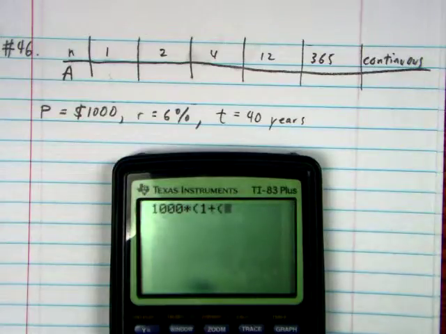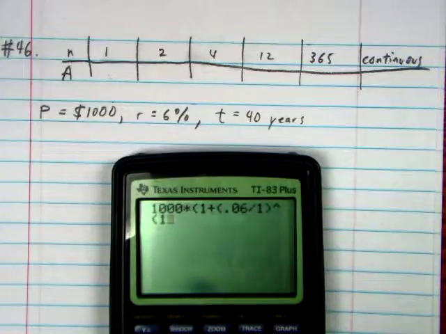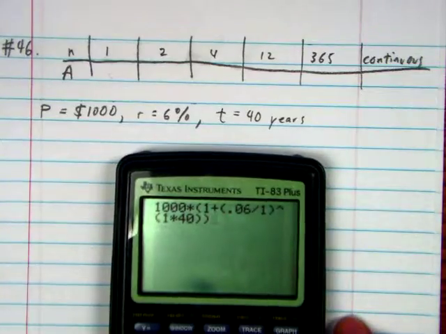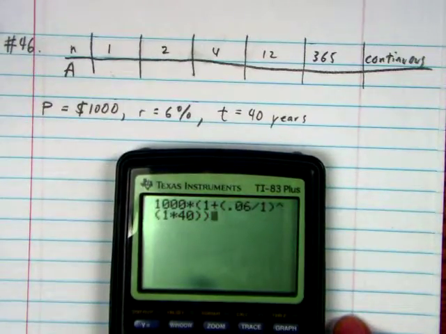So we're going to use the formula: A equals P, 1,000, times parentheses 1 plus the rate divided by 1, so 0.06 divided by 1, and then we're going to raise that to the power NT, so 1 times 40.